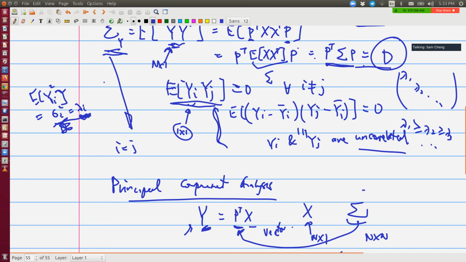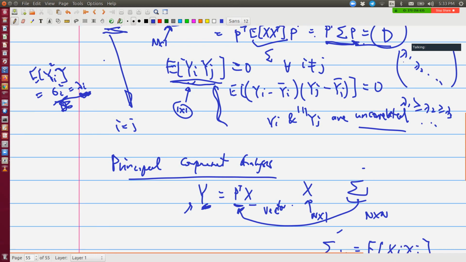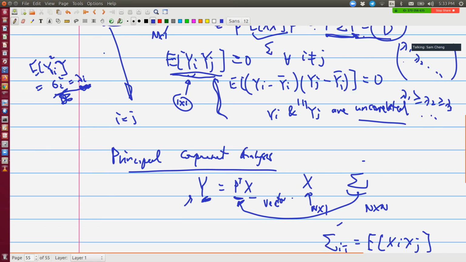Because if I have P not in this order, I can just rearrange the columns of this P, such that the eigenvalues are always sorted. So you want to make the biggest one lambda 1. Yeah, I want the biggest one to be lambda 1, and then lambda 1 is bigger than or equal to lambda 2, and so on.